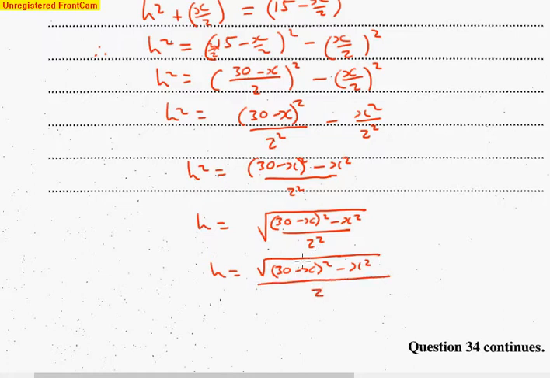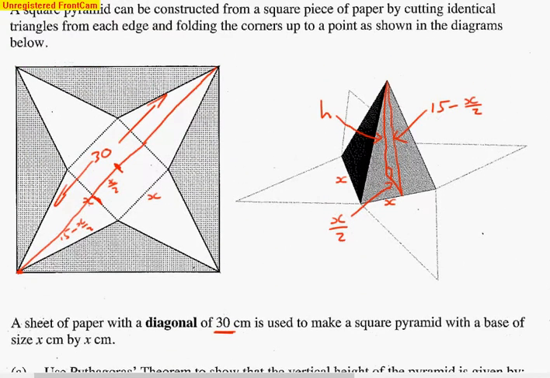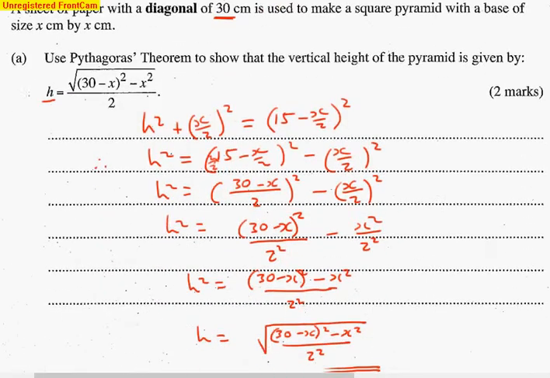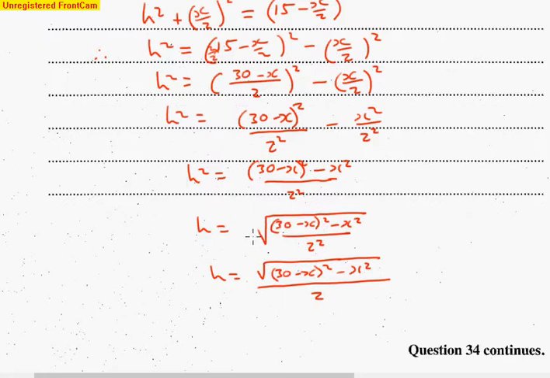And notice when I took the square root, I've only taken the positive square root. The reason for that is this is a real situation, and we need to have a positive length for the height. It wouldn't make sense to have a negative length for the height. So in this situation you don't take the plus and minus the square root, you only take the positive, and this symbol is a positive symbol, so you don't need to write in plus here, because this symbol implies that it is positive anyway. So there we go, you can just leave it looking like that.